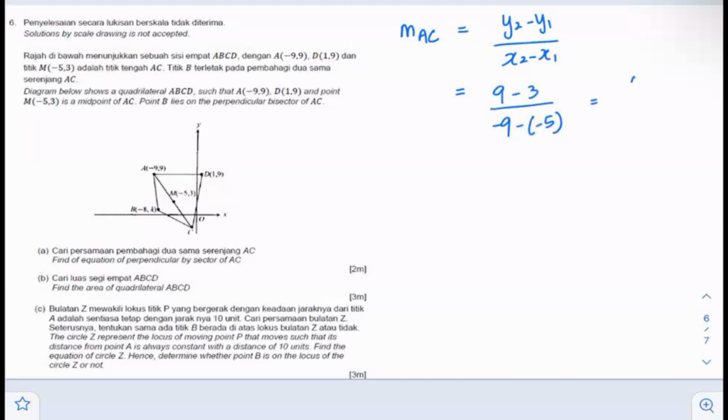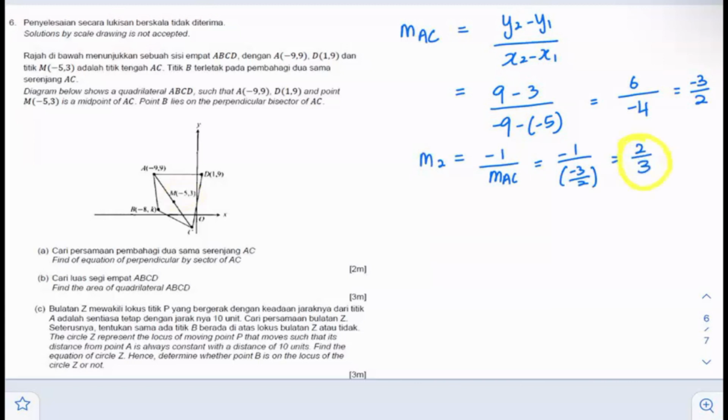So it will be 6 divided by negative 4. So the answer will be negative 3 divided by 2. So for the perpendicular line, M2 will be negative 1 divided by M_AC, which is negative 1 divided by negative 3 over 2. So we get the answer is 2 over 3.